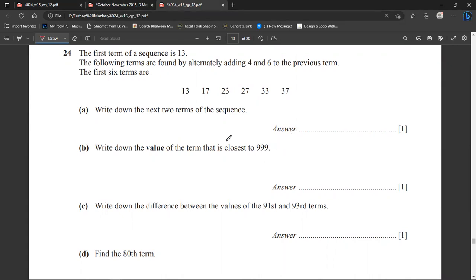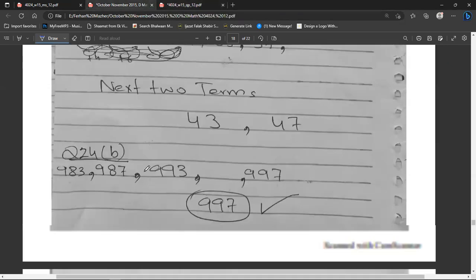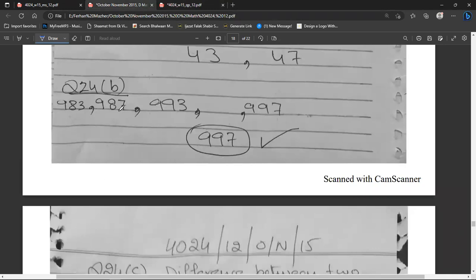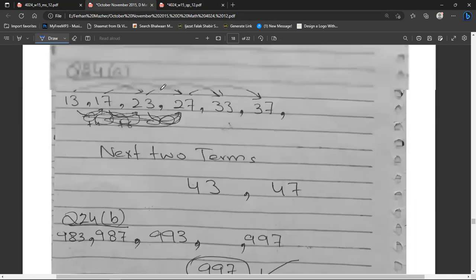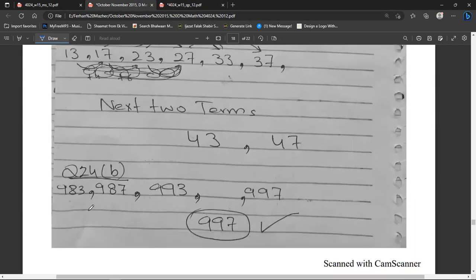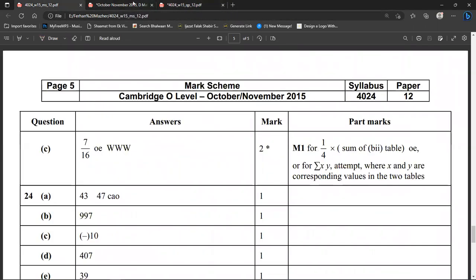So the closest to this will be 983, 987, 993, 997. So the closest to 999 will be 997. This is the same pattern, the same sequence, I mean. It will be 997.